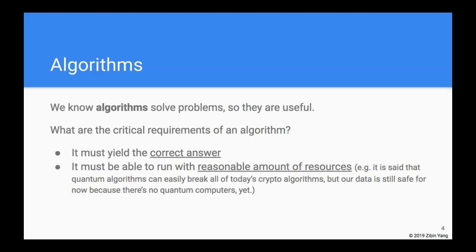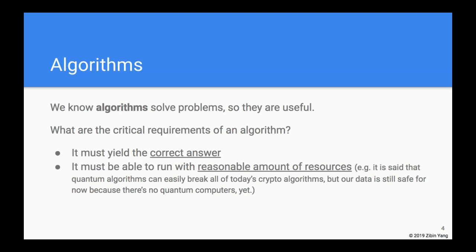Well, the obvious one is the algorithm must be correct, right? It must do the right thing, and it's useless if it doesn't give us the right answer for the problem we're trying to solve. Now, the second thing might be slightly less obvious: we must be able to run the algorithm given the amount of resources that we have.